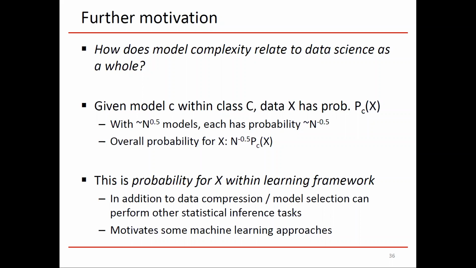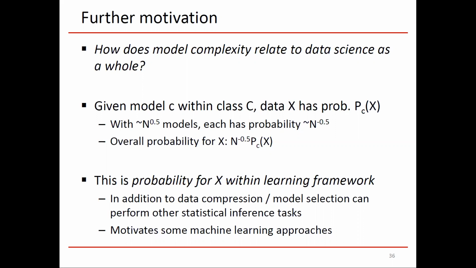And each is going to have a probability, which is, again, on the order of 1 over square root of n. So 1 over square root of n probability times square root of n models is 1, and the total probability will be 1. That's one of our probability axioms. And therefore, the overall probability for x, assuming that each of these models is assigned the same probability, is going to be PC of x multiplied by 1 over square root of n. So this is the probability for x within a learning framework.